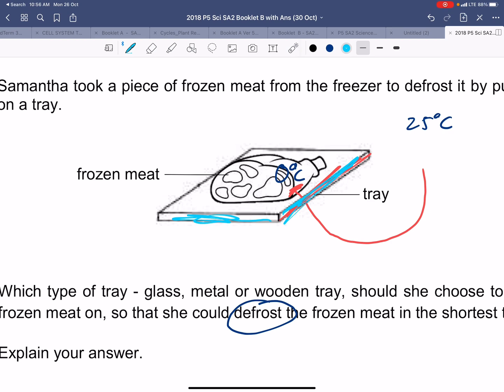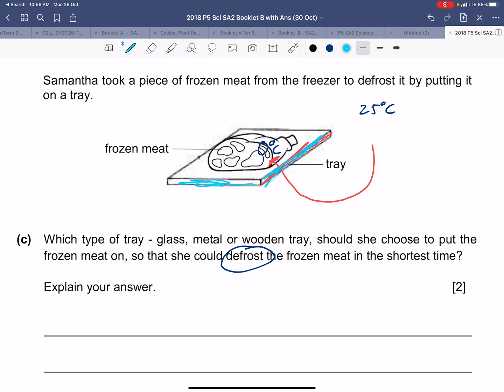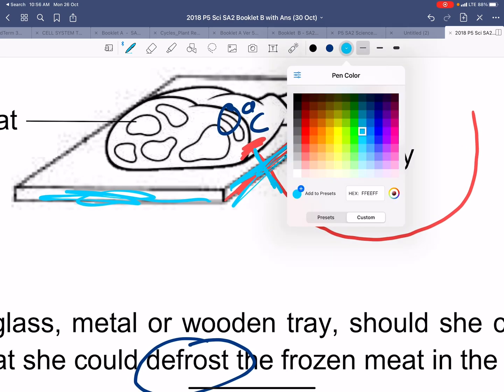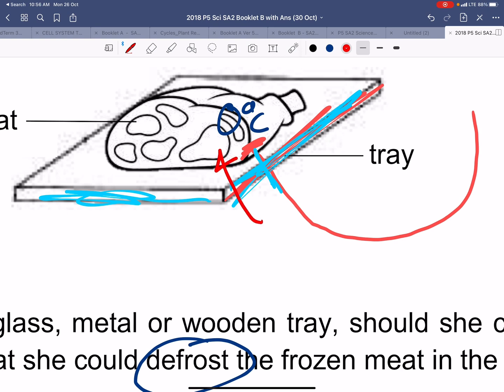Now, there are quite a lot of you who told me that it needs to lose coldness. That is absolutely wrong. You cannot lose coldness. Coldness is not a type of energy. So the only way you can actually become less cold is to actually gain heat. Alright? So in this case, you would want a material to be a good conductor of heat. Why? Then the heat can actually pass from your surrounding and into your meat at a very fast rate, so that your meat can defrost very quickly.